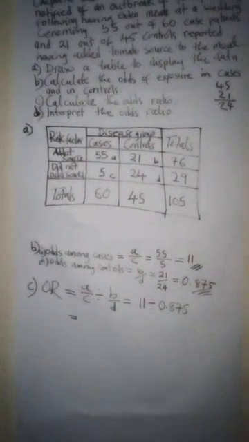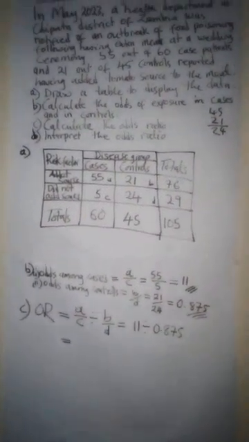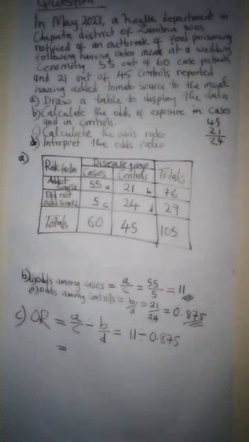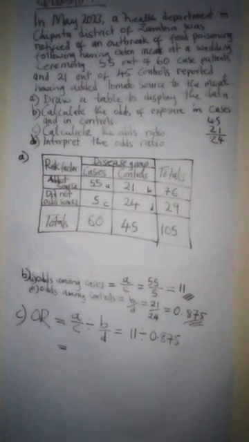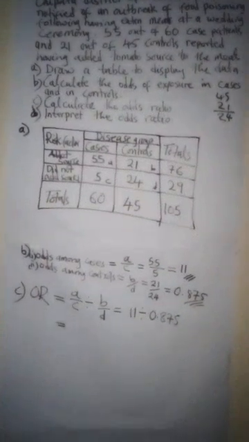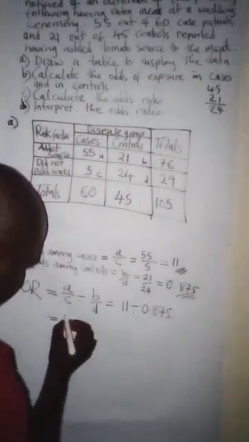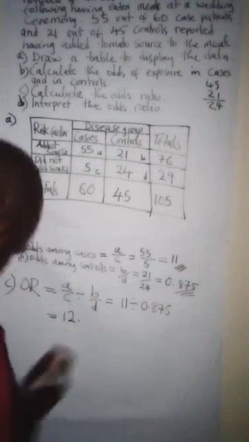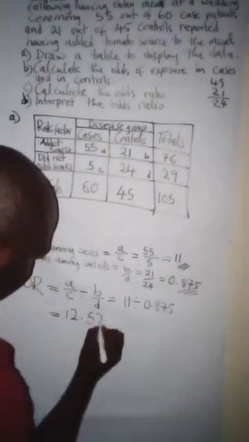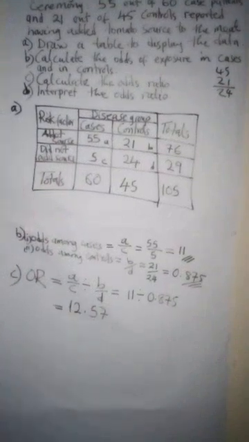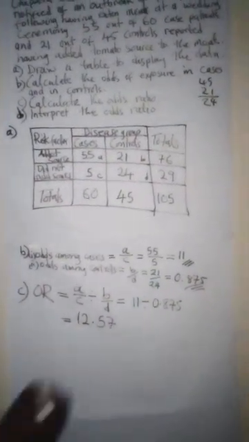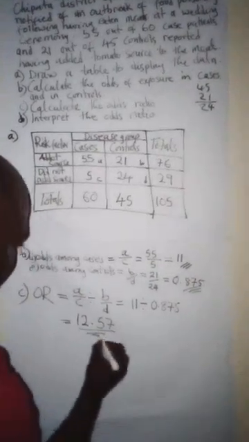So 11 over 0.875 is equal to 12.57. That is our odds ratio.